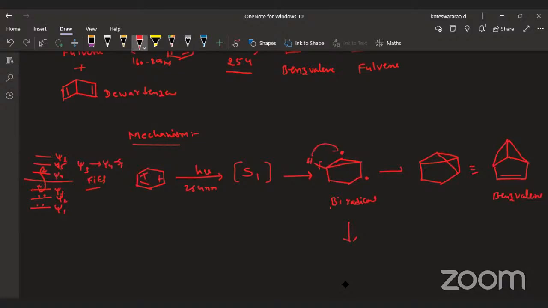This proton will be moving to here, a homolytic movement. Now it leads to the formation of two hydrogens, and radicals are generated from here and here.